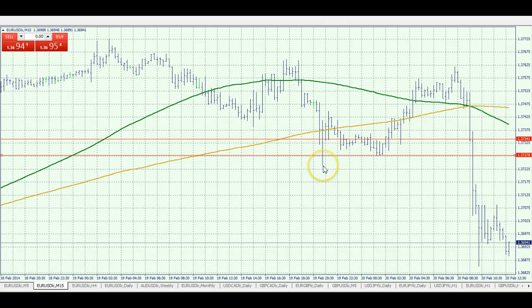So let's make it 137.25 to 30 is the resistance right now, and the level that needs to hold to keep the pressure on the downside. Above 137.25 to 30, let's say the focus is back to 137.50.